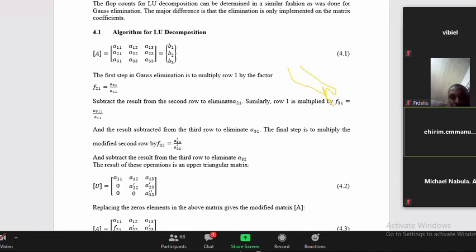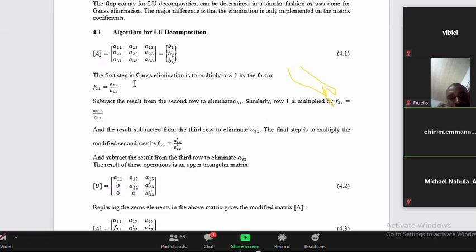How does it work? All we are going to do is decompose this matrix A into matrices L and U. L is the lower triangular matrix, U is the upper triangular matrix. When we apply Gauss elimination to this matrix A, we will have the upper triangular matrix, equation 4.2.